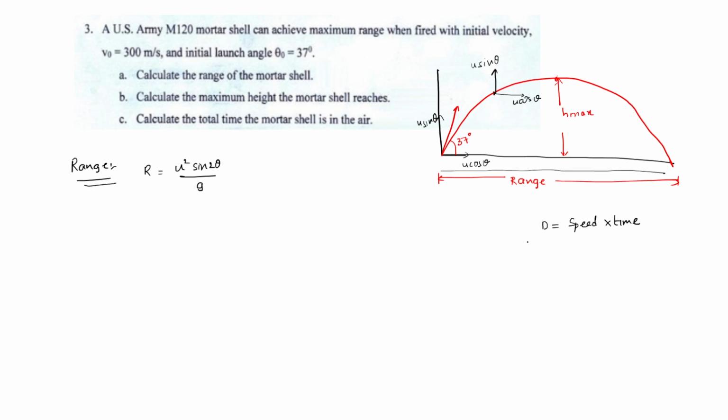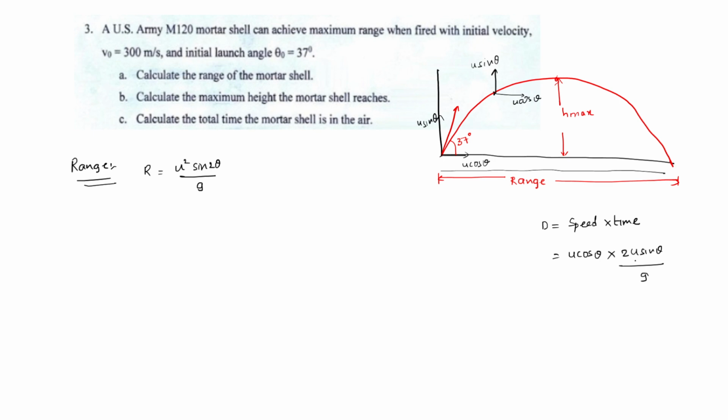That's the basic formula we got, and speed is given as u cos theta, and time is the total time taken by the body to reach from the initial point to the final point. It is known as time of flight, which is given by 2u sin theta by g. Again, I'll also show how to get it.